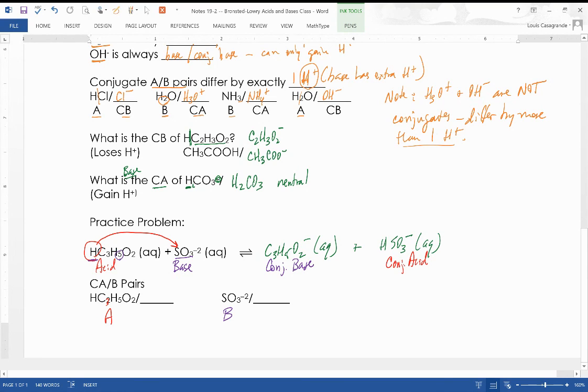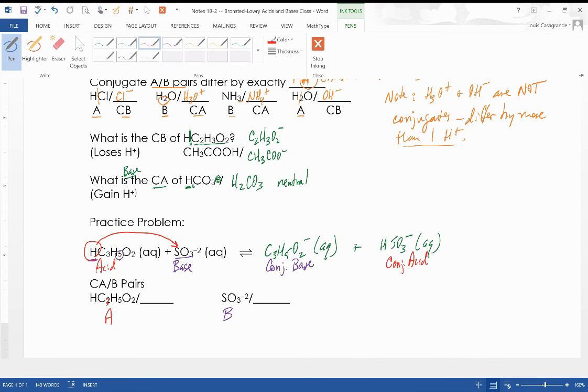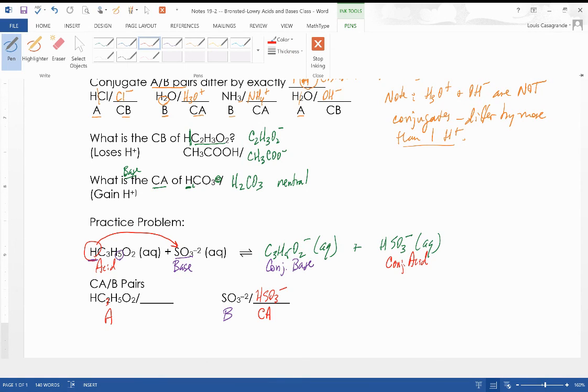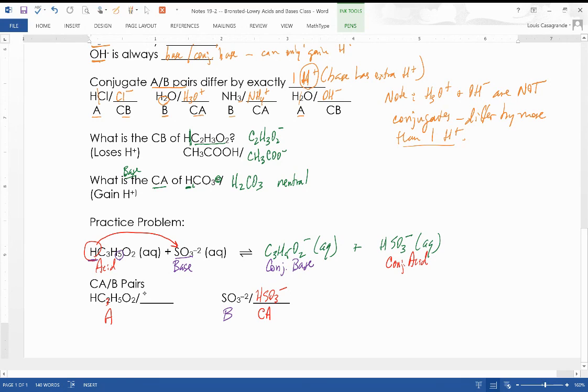And you notice I'm now abbreviating acid, base, conjugate acid, conjugate base. The products, actually, let's keep it red. HSO3 minus is the conjugate acid of the sulfite ion, and C3H5O2 minus is the conjugate base of propanoic acid.